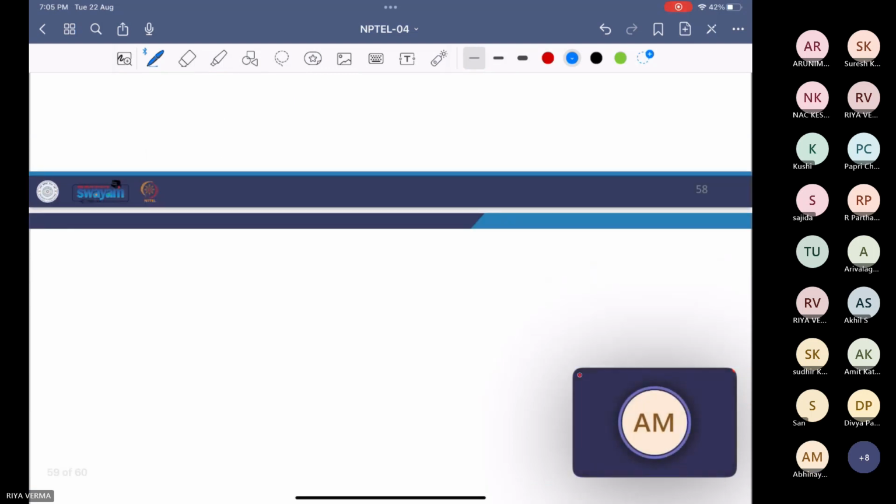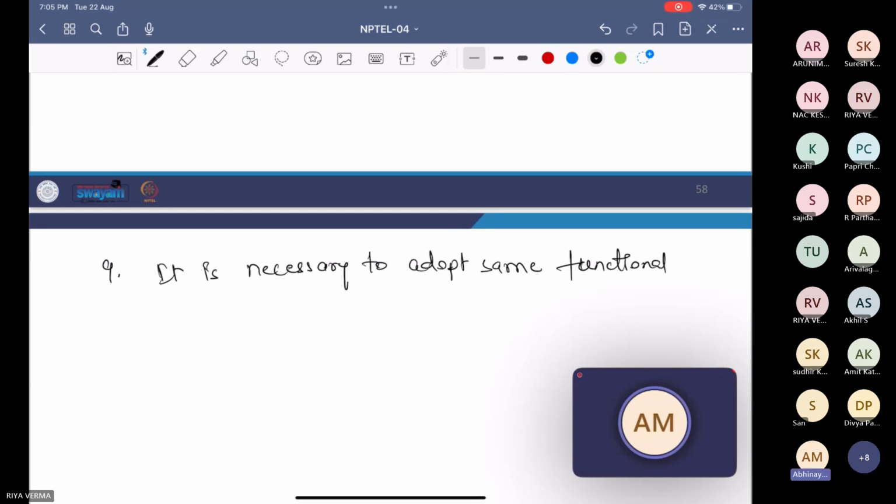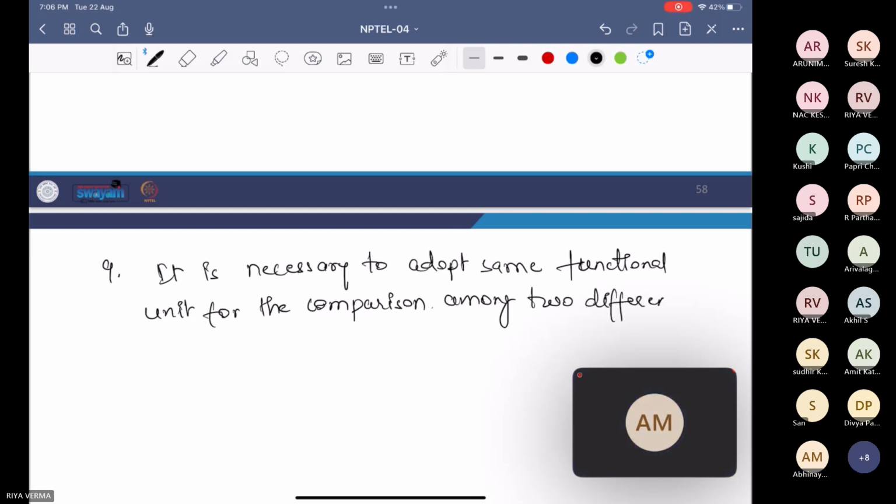Ninth question. It is necessary to adopt the same functional unit for the comparison among two different systems.